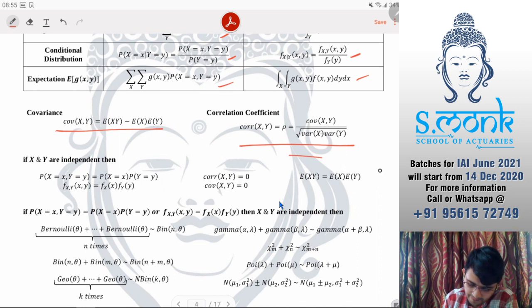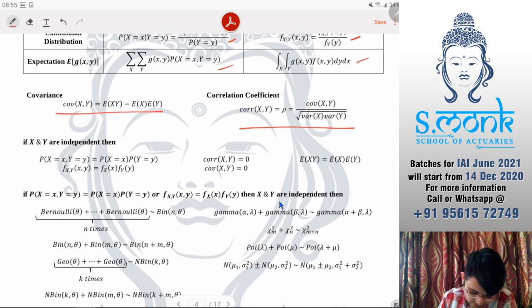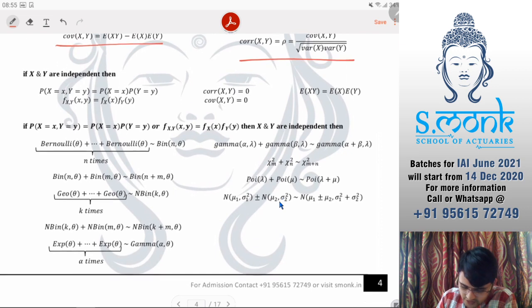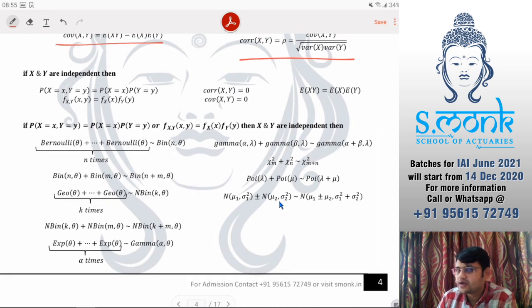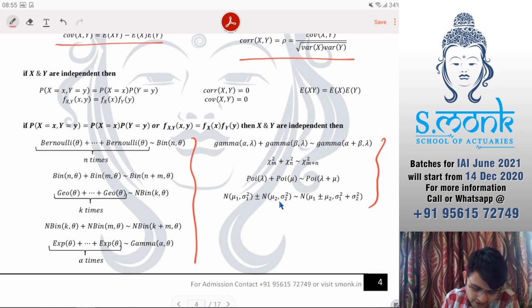Then using independence and your moment generating function, you can prove these particular formulas. These are very important. You should know how to prove these formulas, as well as remember all of these formulas. That means if you combine multiple Bernoulli distributions, then you get a binomial distribution.